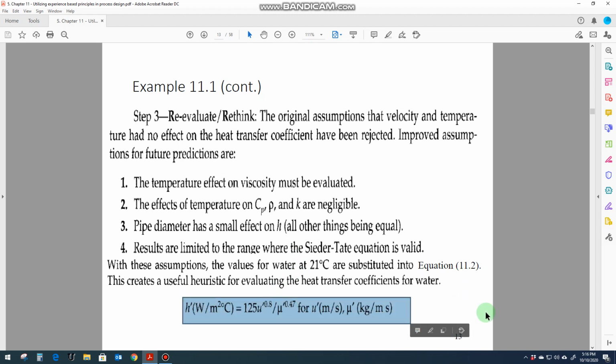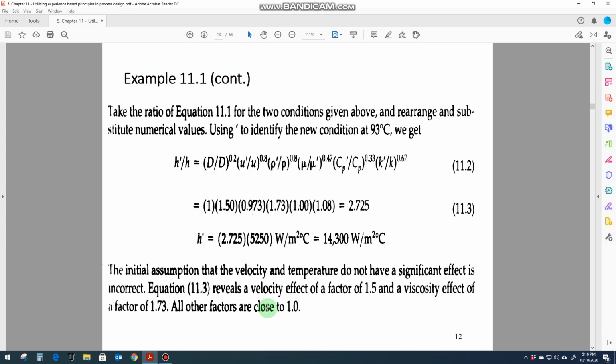Now, by this analysis, what we know is that the heat transfer coefficient depends on the velocity and the viscosity. So from here we can see the ratio for velocity, new velocity divided by old velocity, to the power 0.8, and in terms of viscosity, old viscosity divided by new viscosity to the power 0.47.